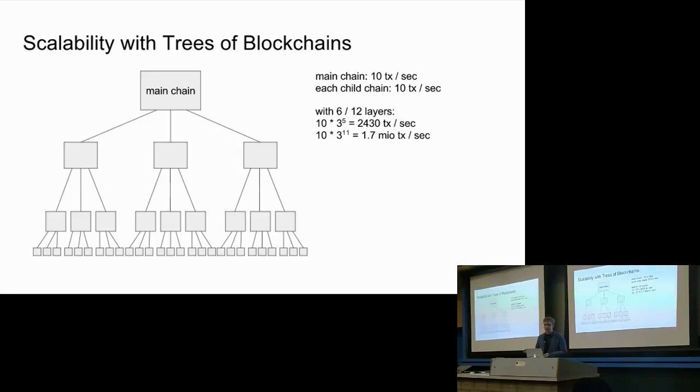So the child chains very far down are probably extremely cheap in terms of transaction costs, and the main chain is the most expensive. Moving tokens around takes a little time because you have to wait for these objections, but it's not too expensive.